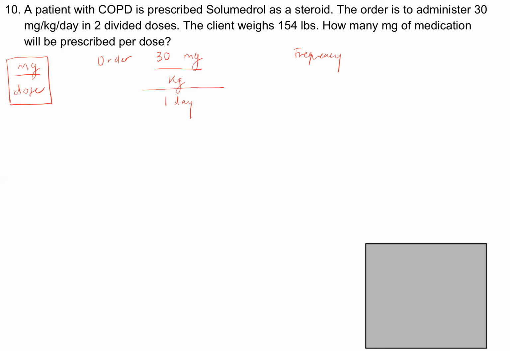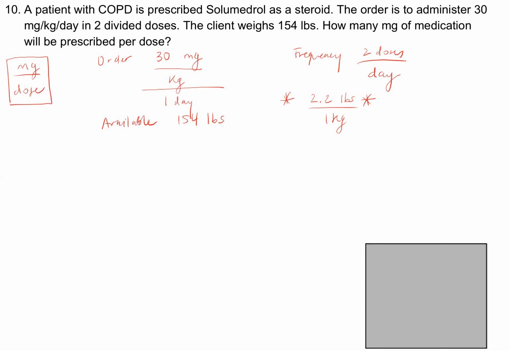Your frequency is 2 divided doses, so 2 doses per day. And the availability that they give you is 154 pounds. So we're going to have to remember to bring up a few of the conversions. One of the conversions that we need to know right now is 2.2 pounds per 1 kilogram.